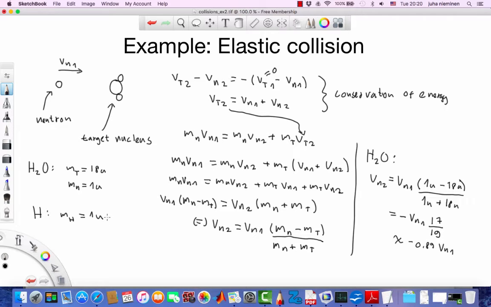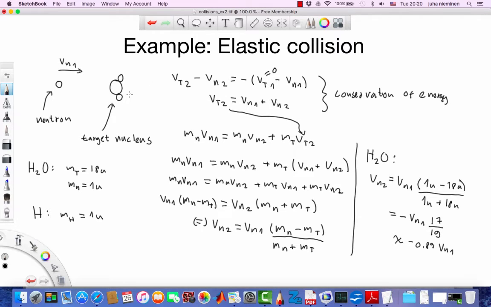If you think about this, this is exactly like playing pool. We have 2 balls that have equal masses, and if the neutron would be the cue ball, it would hit the target, and the cue ball would stop like hitting a wall, and the target nucleus in this case starts off with the same velocity as the neutron had.